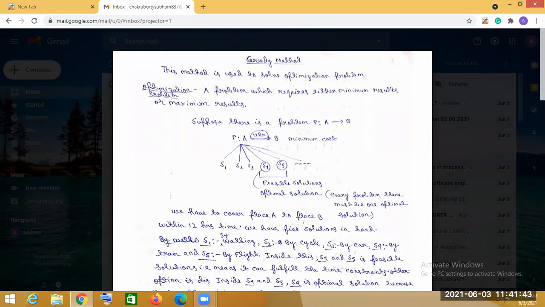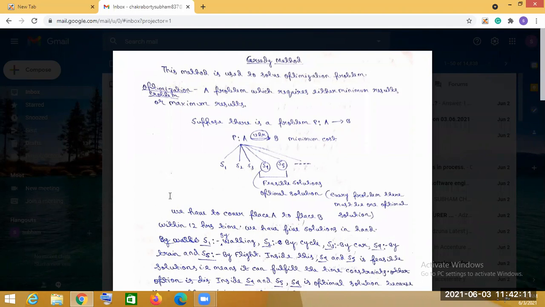If we take a car, it will be greater than 12 hours also. But only 2 ways follow the condition: if we take the train and if we take the flight, then we can reach within 12 hours. So these 2 solutions are satisfying the condition. So we will choose those solutions.